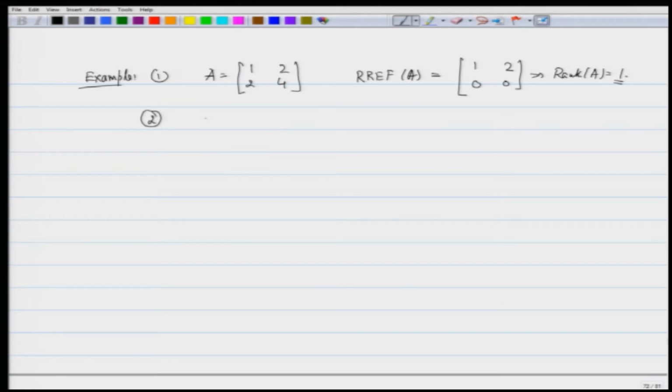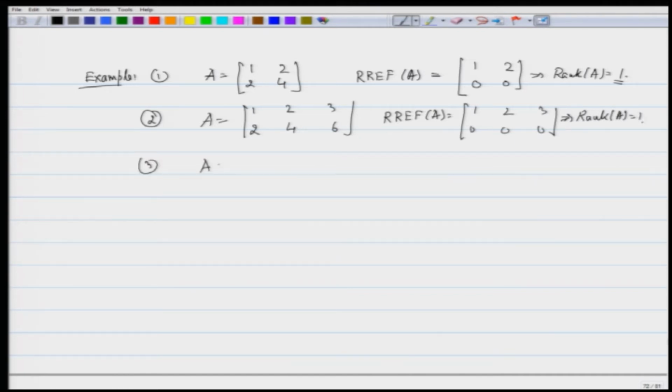Two, take A equal to [1, 2, 3; 2, 4, 6]. Again the RREF of A is [1, 2, 3; 0, 0, 0], and therefore rank of A is 1 itself.